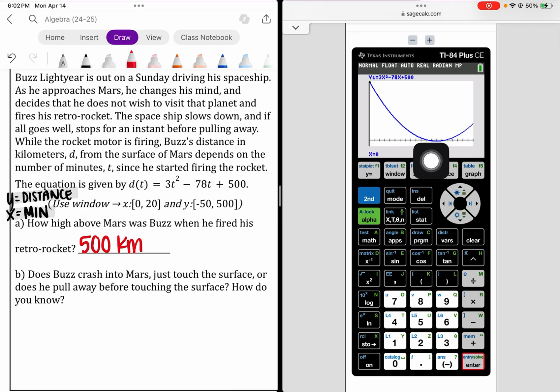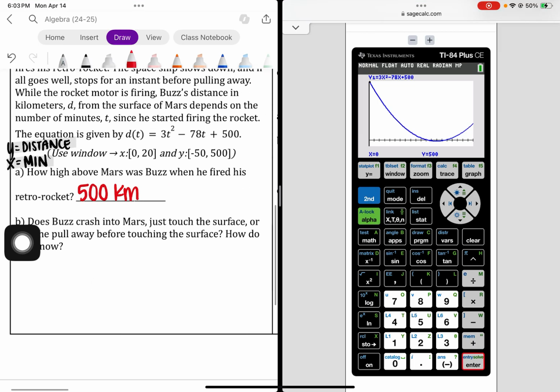But notice how your parabola goes a little bit below that. So did we just touch the surface and jump away? No, it looks like we crashed a little bit. We crashed. So we can go ahead and write that he crashes.